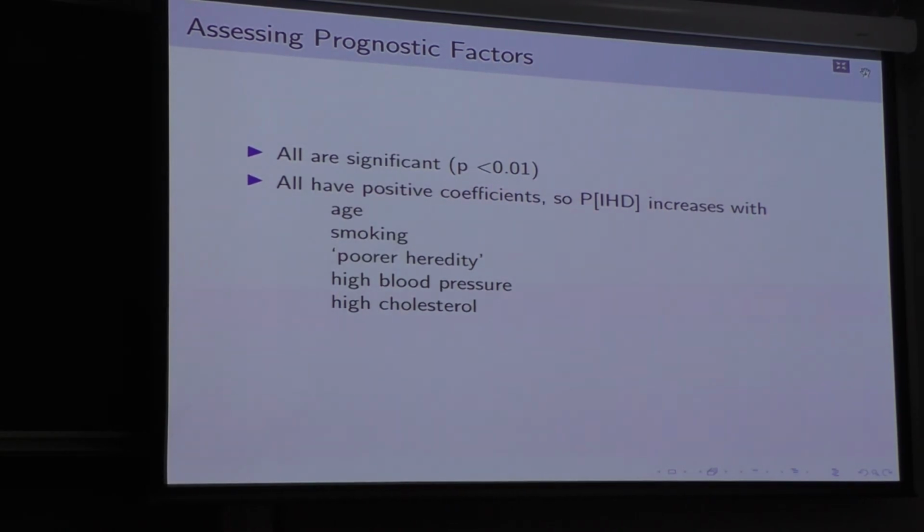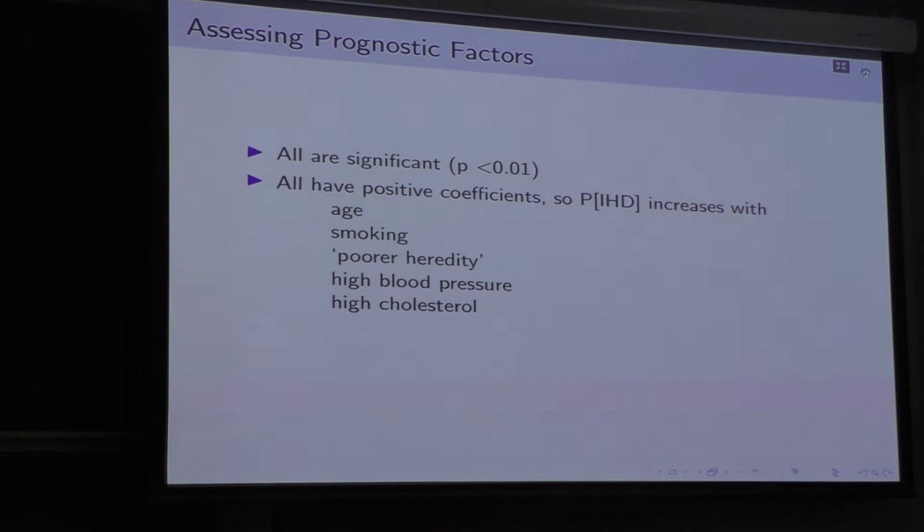They're all in the obvious direction, by which I mean the probability of heart disease increases with increasing age, increases when you smoke as opposed to don't smoke. If you have poorer heredity, so if your father has died, it's more likely that you will have heart disease, and if you've got high blood pressure and high cholesterol. So everything's going in the expected direction.